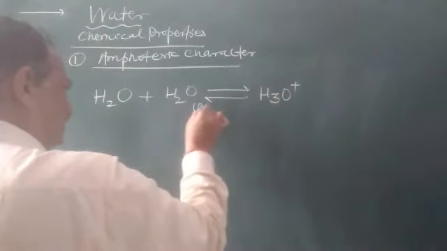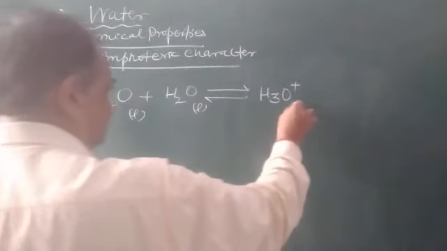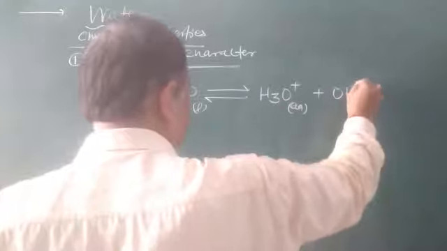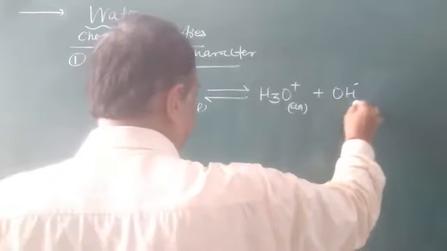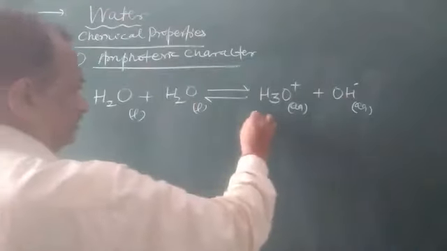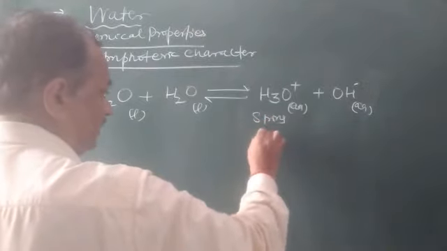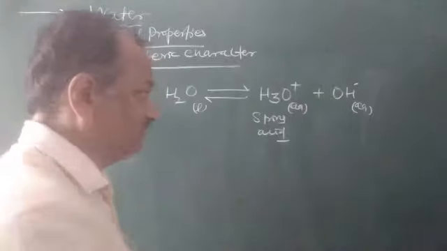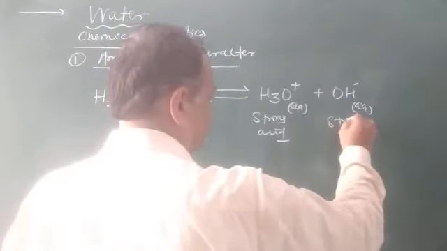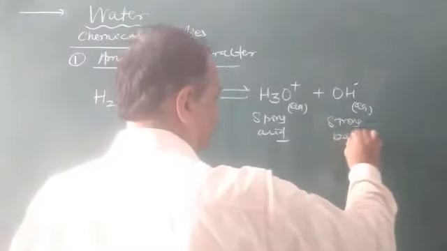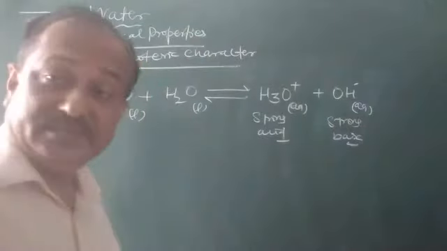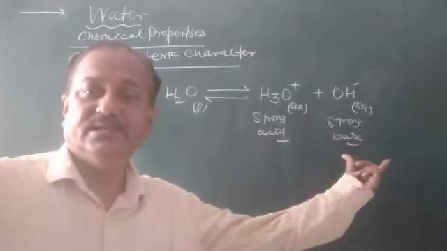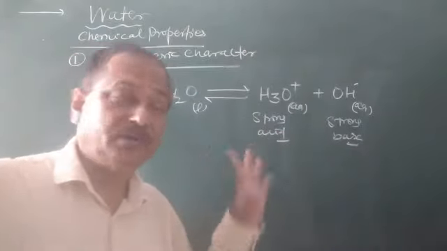H3O+ aqueous and OH- aqueous are formed. H3O+ is a strong acid, and OH- is a strong base. But why neutral? Why amphoteric? Because a strong acid and a strong base react together to form a neutral compound.